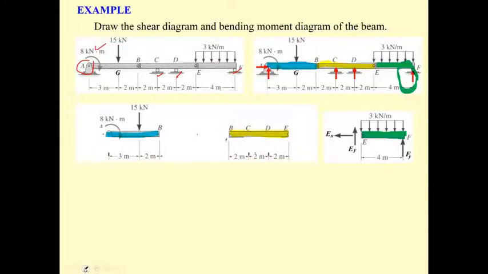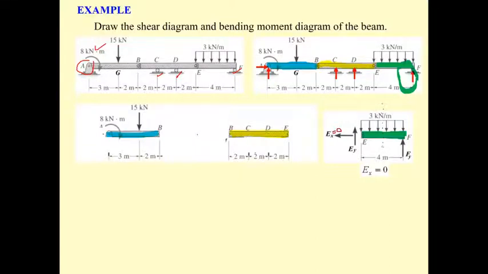If you see this beam, it has no horizontal force. So the summation of forces in x equals 0, so E sub x is 0.